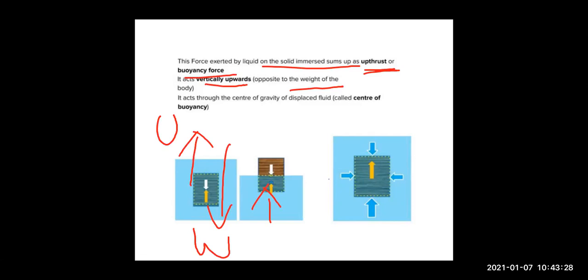So what is upthrust? Upthrust is the upward force exerted by the fluid on the object which is immersed in the fluid, and which acts in the upward direction. It is opposite to the weight of the body, and it acts along the center of gravity of the displaced fluid.